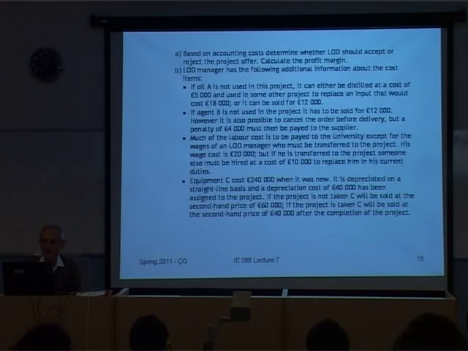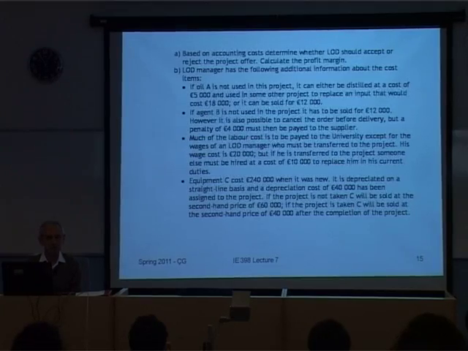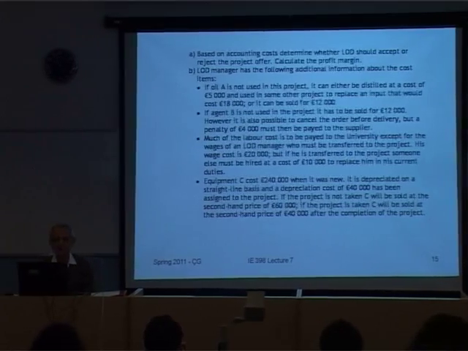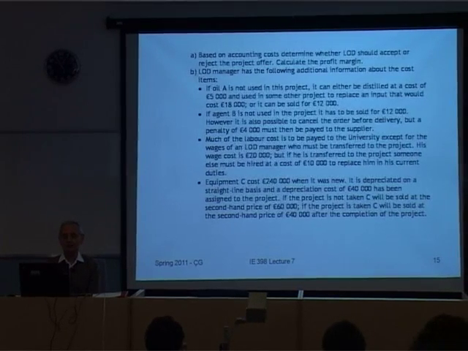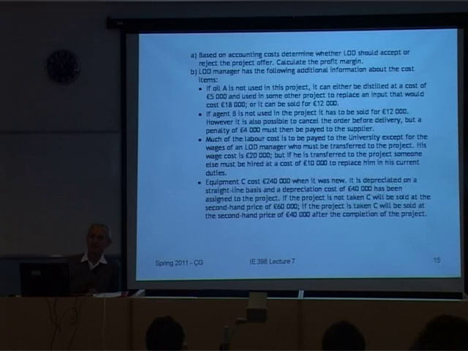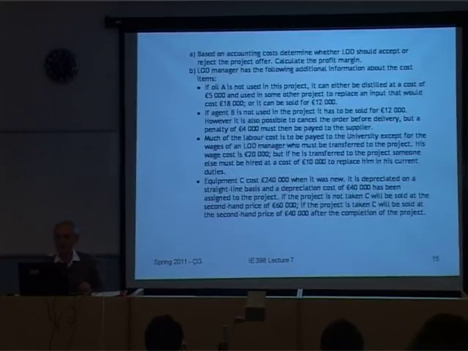Furthermore, much of the labor cost is to be paid to the university, as I said, the 70,000 euro, except for the wages of an LOD manager who must be transferred to this project. If this project is taken, then some of the 70,000 euro labor cost includes the wages of this manager.